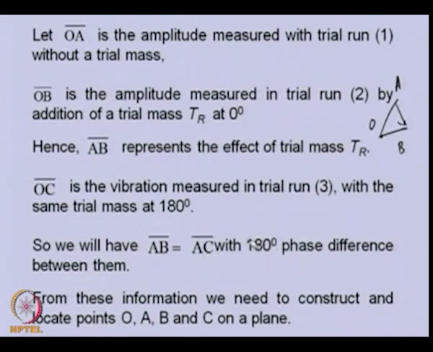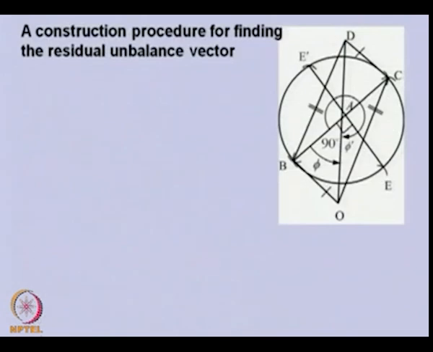We will use this information to construct a diagram, from where we will try to obtain what the correction mass should be and its location. This is the diagram, but I will construct it afresh so that the procedure is more clear.